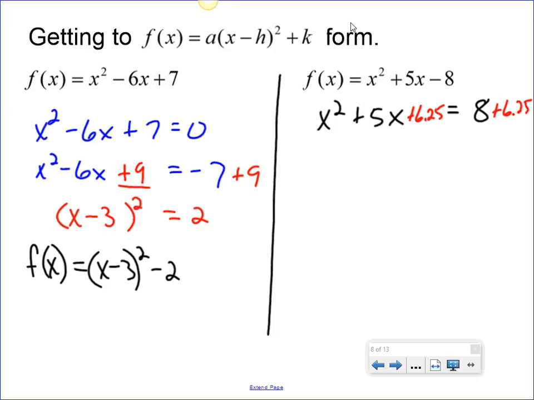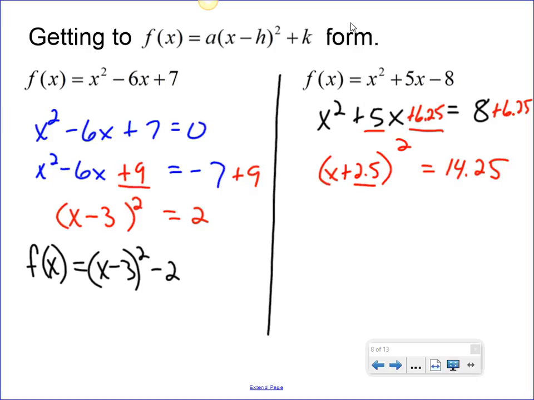Okay, so I just formed a perfect square. That perfect square would be an x plus 2.5. Again, where does the 2.5 come from? Two different places. You can think of it as half of this b term or the square root of 6.25. So I got an x plus 2.5 squared equals 14.25.